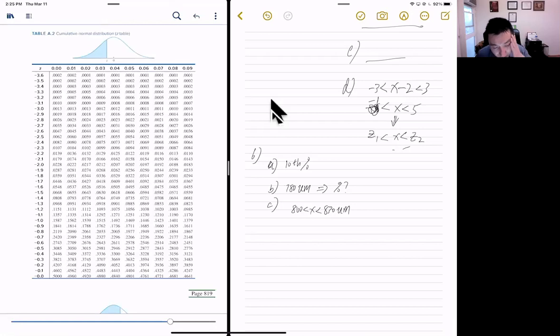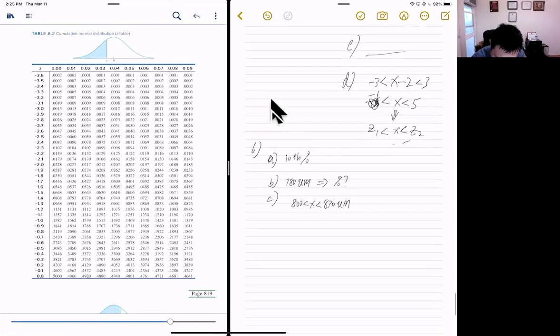So the first part A is asking for the 10th percentile. So what we need to do is look at the values corresponding to 0.1, which is 10%.